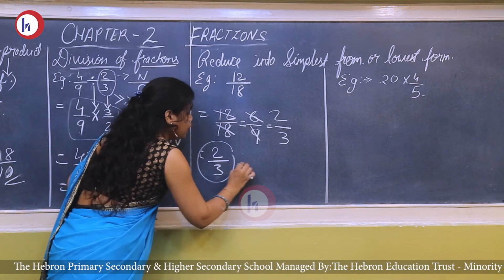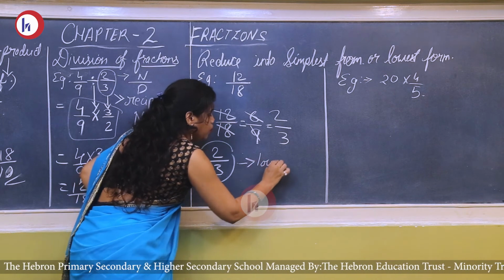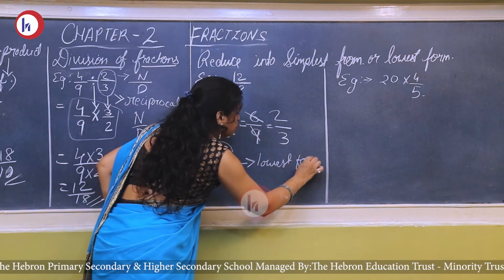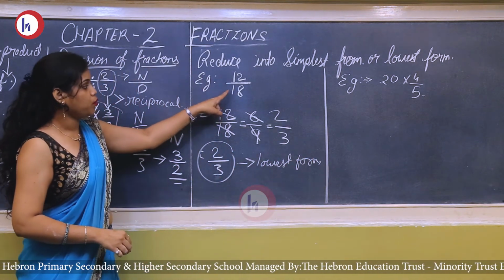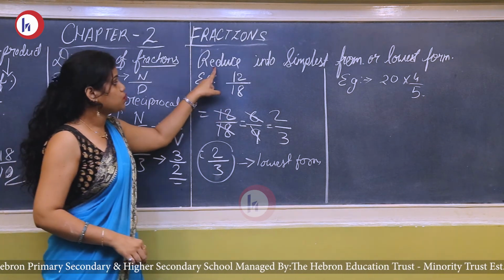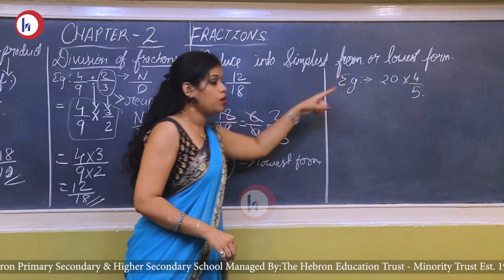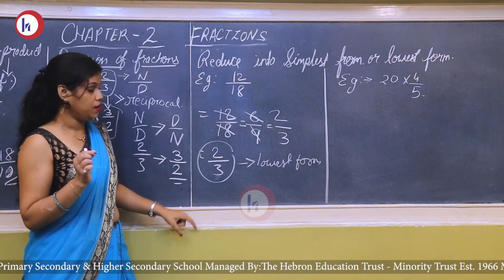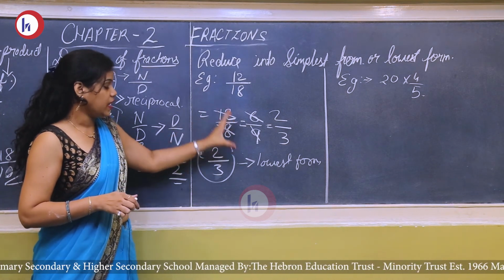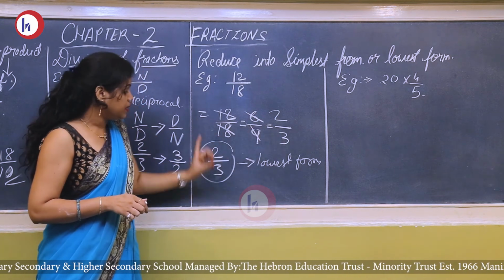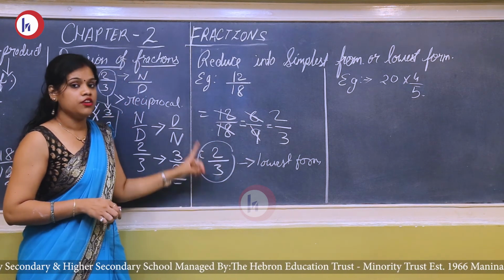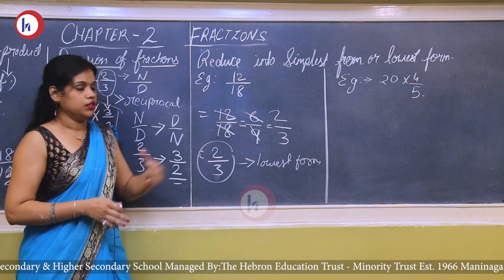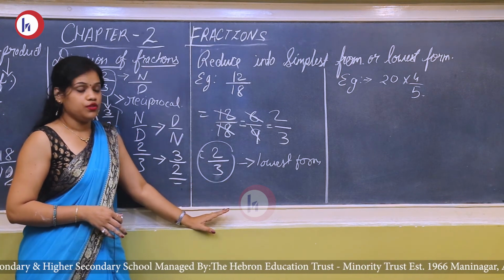So this is the lowest form of the fraction 12 upon 18. So whenever it is told to reduce into simplest form, you have to divide the numerator and denominator by a common number, a common multiple, and keep dividing until you get numbers which cannot be divided further. So that is called the reduced form.